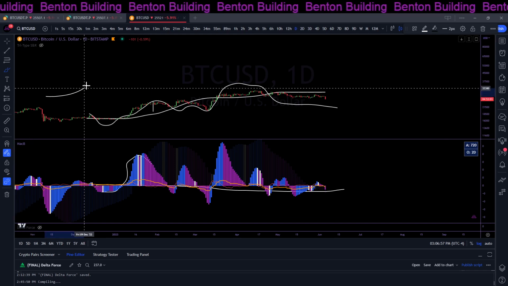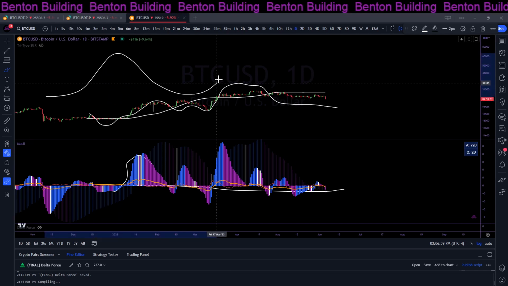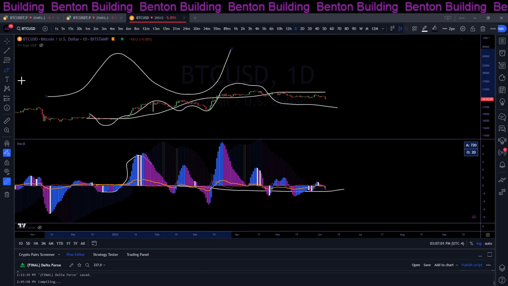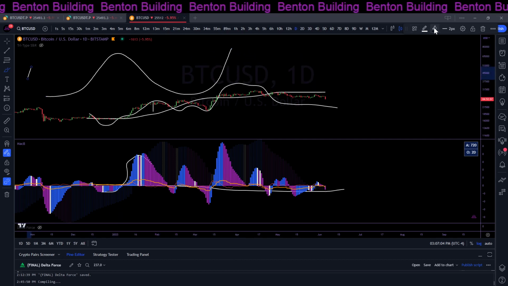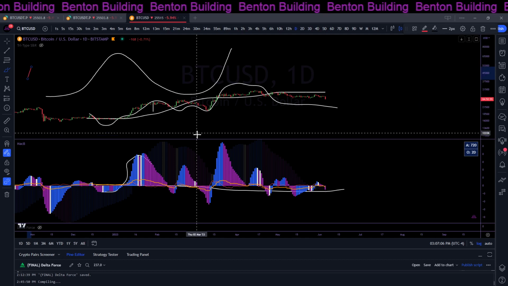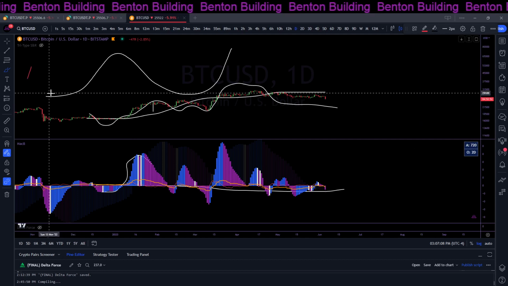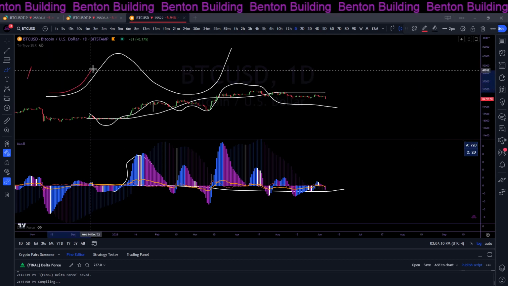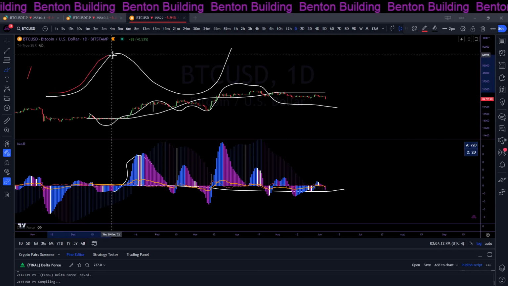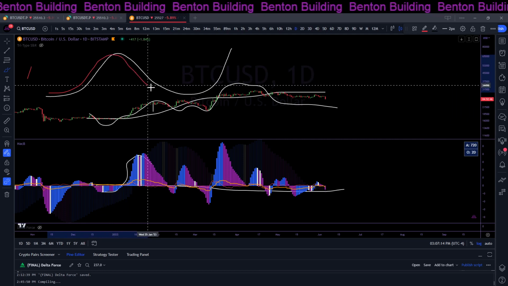So let's say you had, right here, this sort of oscillation. And then let me change the color over here. Red. And then you had a lagger, right? So the lagger was following the leader.